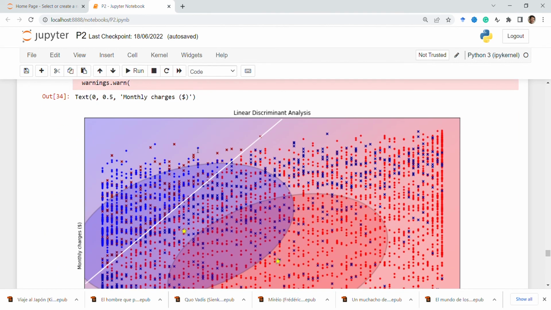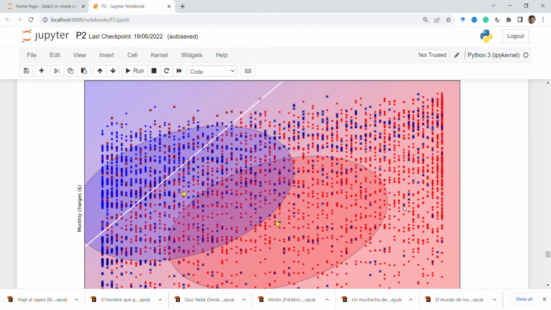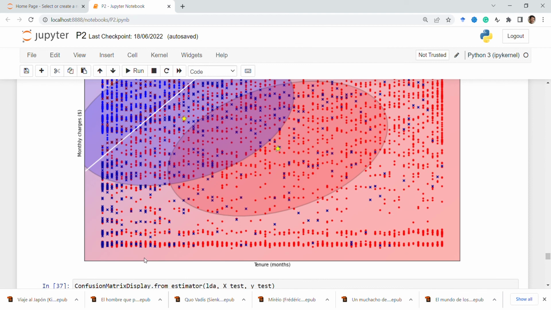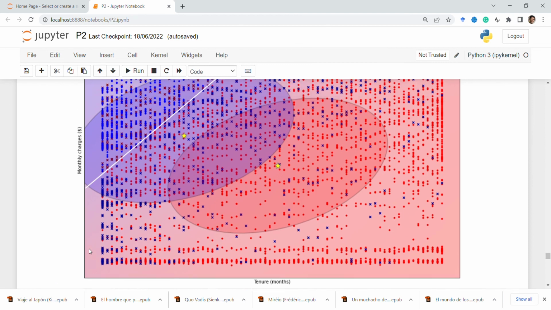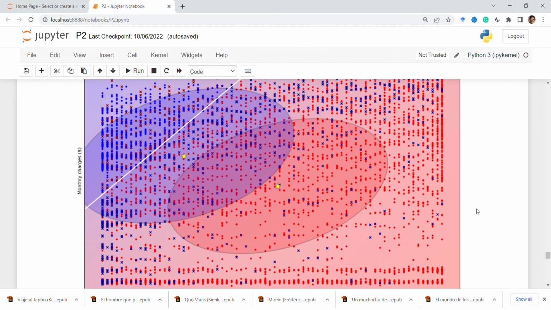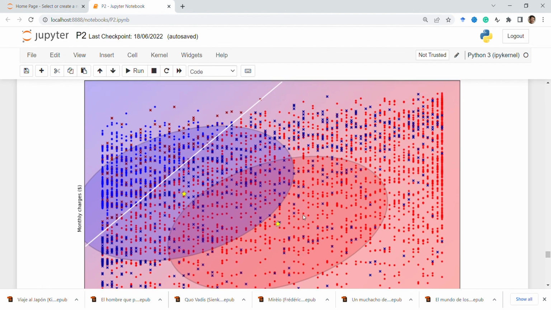So here we have a graphical representation of that. We have the tenure in months, we have the monthly charges, and the blue points are people who will leave the company, red points are people who will not leave the company, and we fit a Gaussian to each one of these populations.